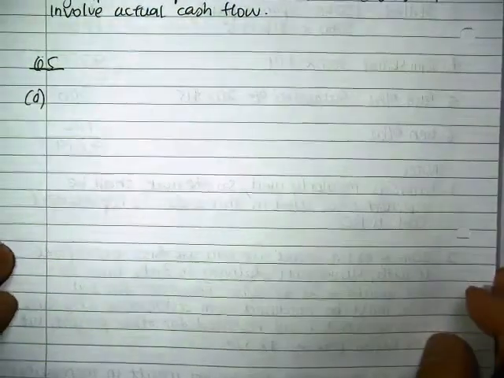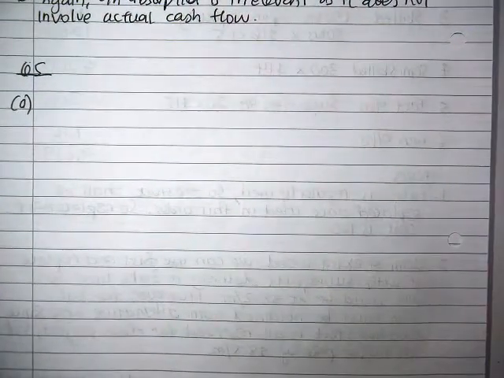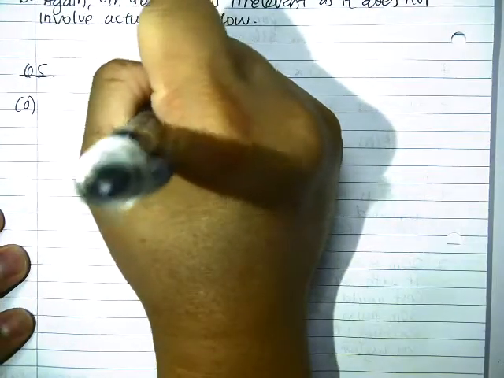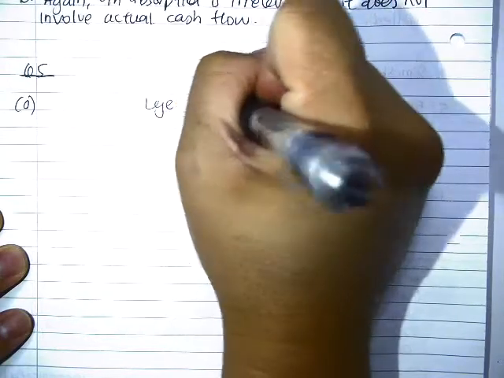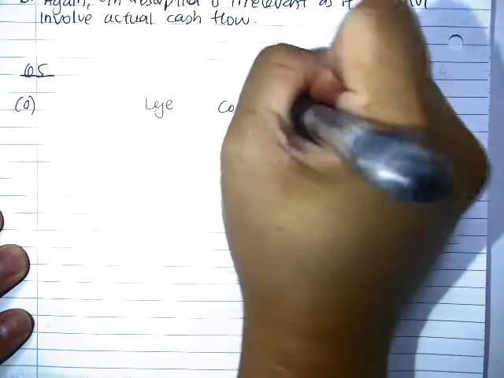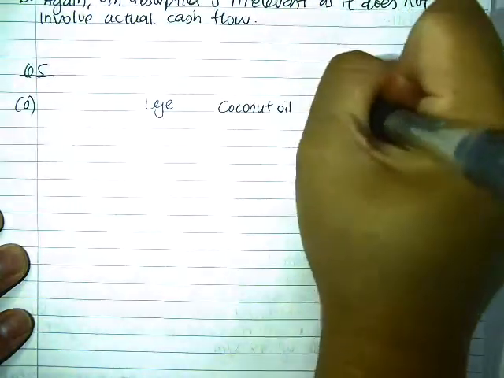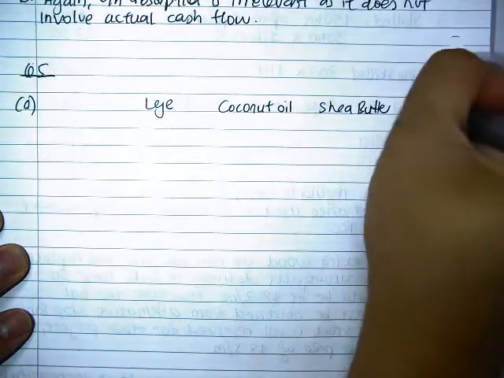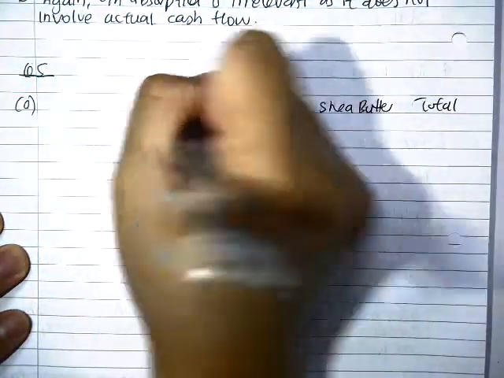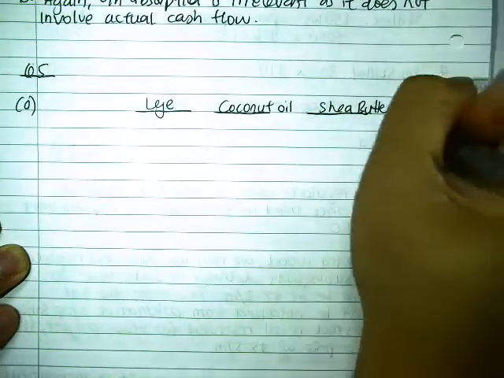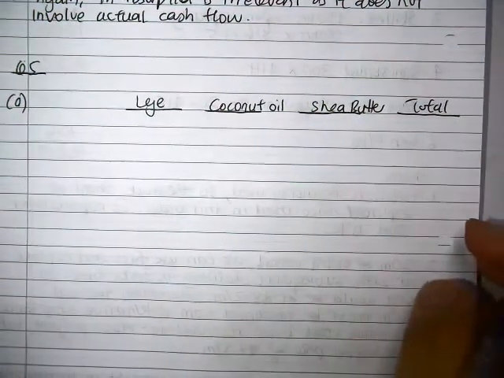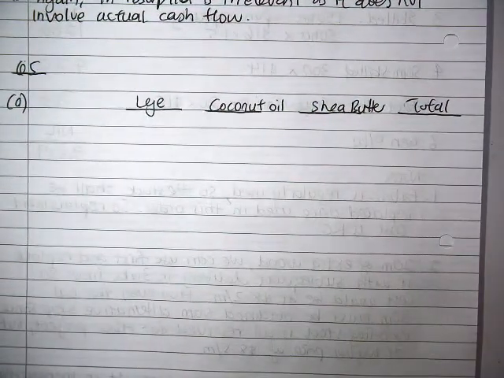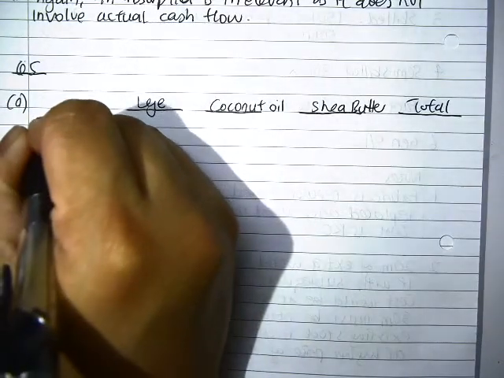Okay, Question 5. Now remember the formula. You have to write down all the materials: lye, coconut oil, shea butter, total. Now we did this last class also. What's the formula? Start with what? QM.